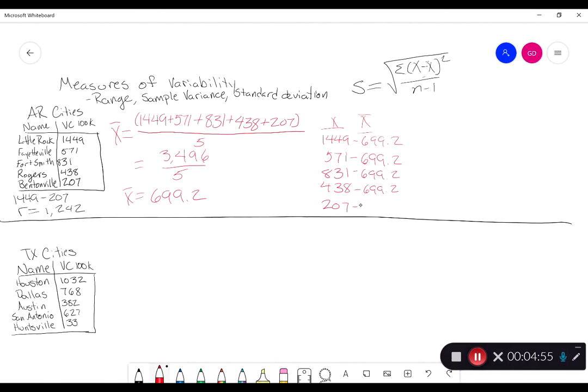So now we want to obtain the difference for each one of these. Again, I'm going to do that on my calculator in front of me. For Little Rock, 749.8. For Fayetteville, it's negative 128.2.